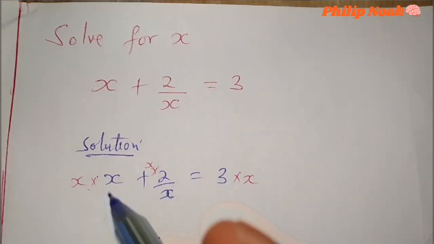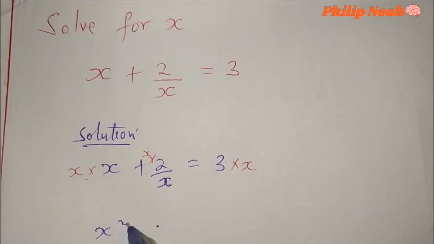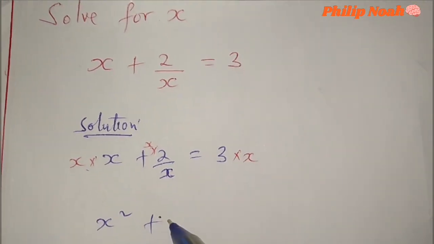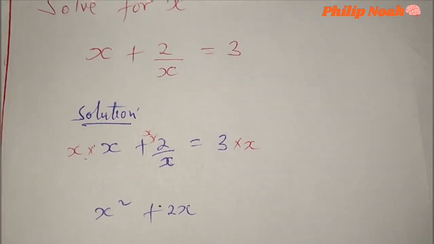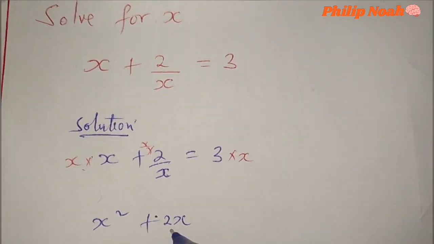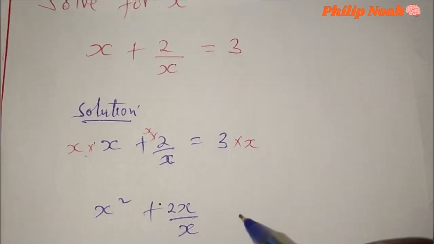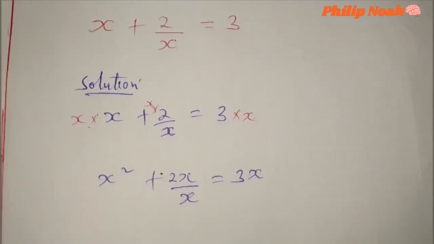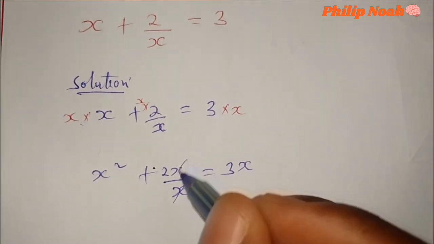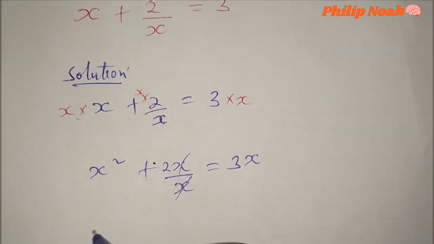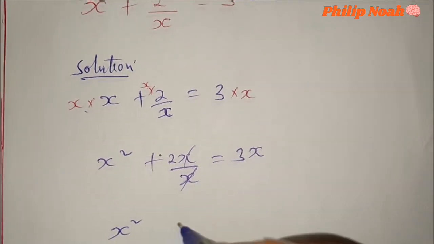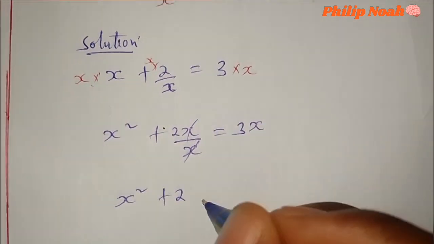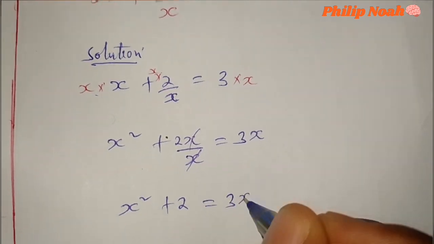So we have x times x is x squared plus 2x over x is equals to 3x. So this x and this x cancels out and we remain with x squared plus 2 is equals to 3x.